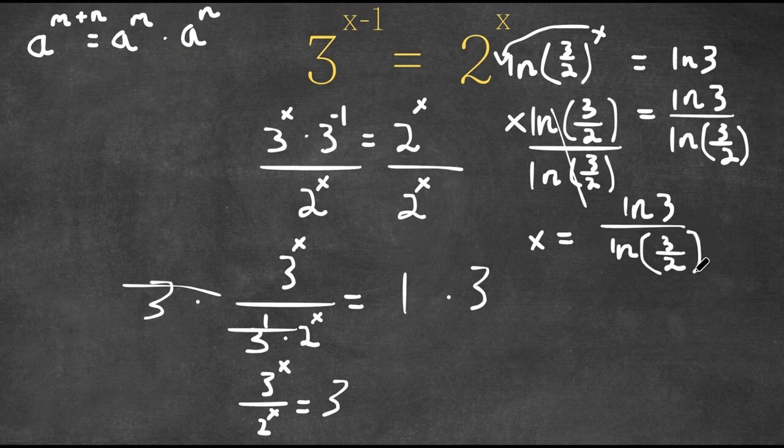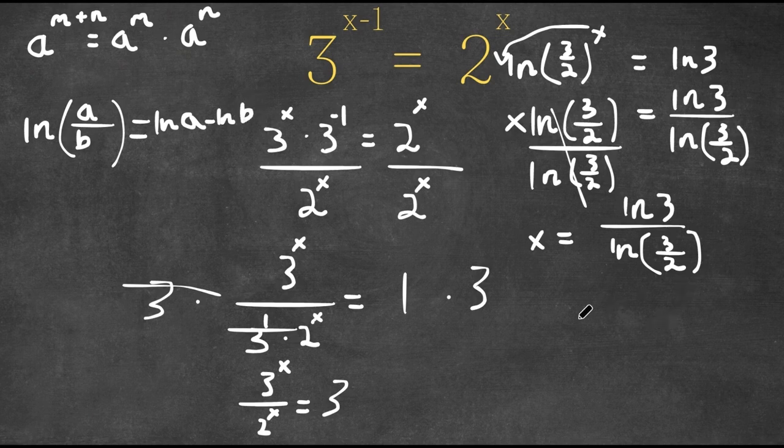Now, although this is a fine answer, this can actually be simplified because if we have something in the form ln a over b, this is actually equal to ln a minus ln b.